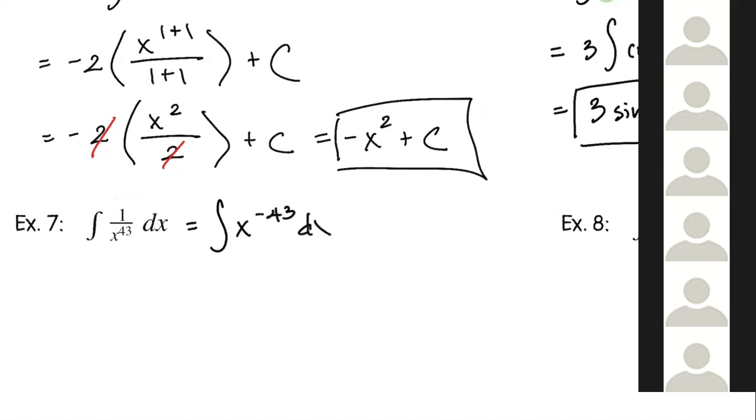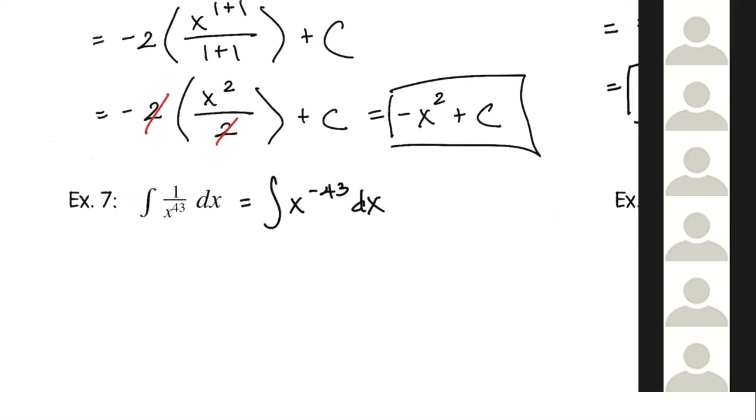All right. Okay, now, just like when we were taking derivatives, we got to rewrite it so we see that power. Now we can apply the power rule for integrals. And so that will give us x to the negative 43 plus 1 over negative 43 plus 1 plus c.